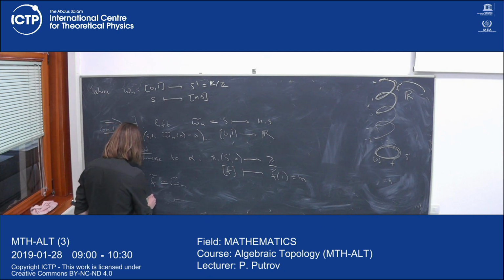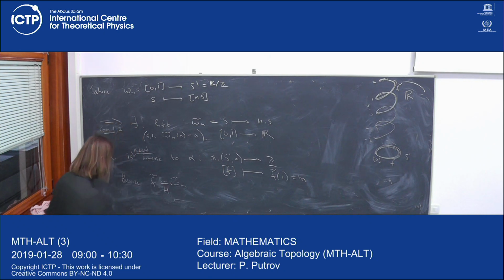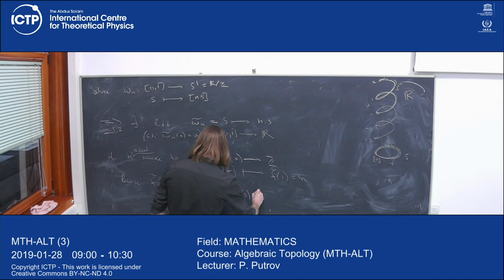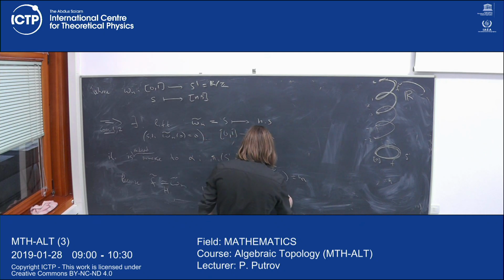And I want to make the homotopy explicit, so let me denote it by h. So h of s, t is f tilde of s times 1 minus t, plus t times s.